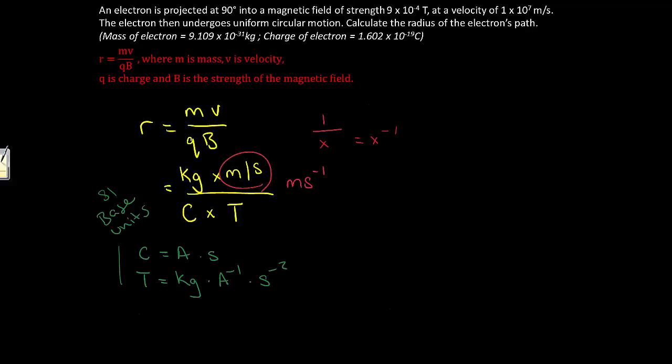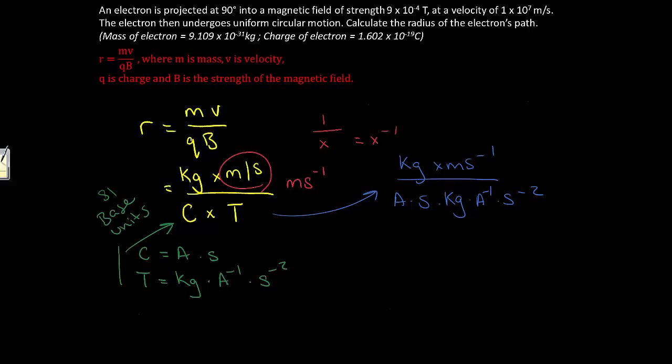Knowing this, we can substitute these into this equation here to re-express C and T. So I might write it over this way. We now have kg times meters seconds inverse on A times S times kilograms A inverse seconds to the negative 2.